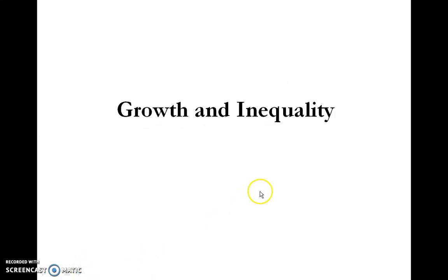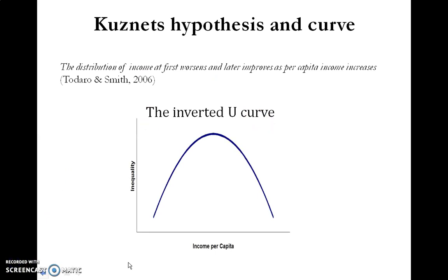This takes us to the first part of our lecture, where we look at the relationship between growth and inequality, specifically what the impact of growth is on inequality. Does this curve look familiar to you? It should. This is Kuznets' curve, and you've seen it before in your undergraduate development economics.